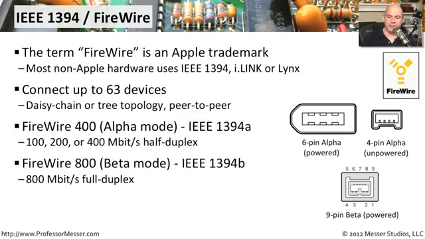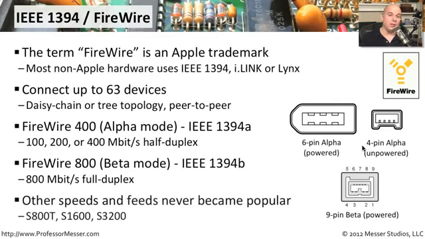You can see some of the other connectors you will see in the beta, like this 9-pin connection, which also provides power. And that speed is what people really liked about FireWire. You could connect an external storage device and really send a lot of information back and forth between those storage devices. There are standards in FireWire that can give you even additional speeds.